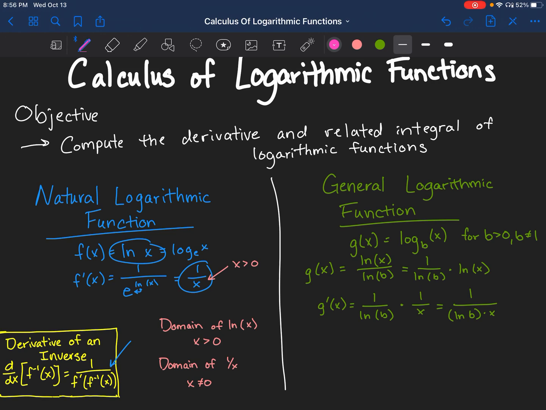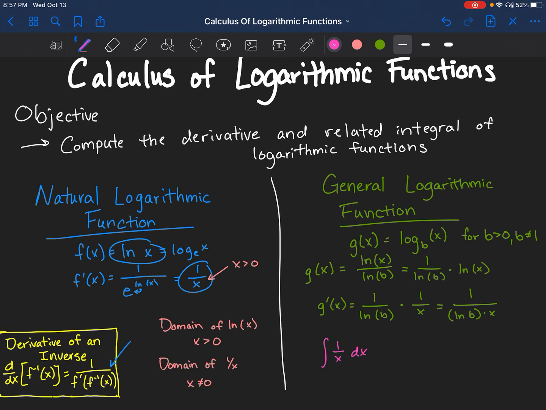So, especially in this case, we mentioned that the domain of the natural log of x is just numbers greater than 0. However, if I take the domain of 1 over x, it's any number positive or negative except 0. So the question is, what happens if I try to integrate 1 over x dx?